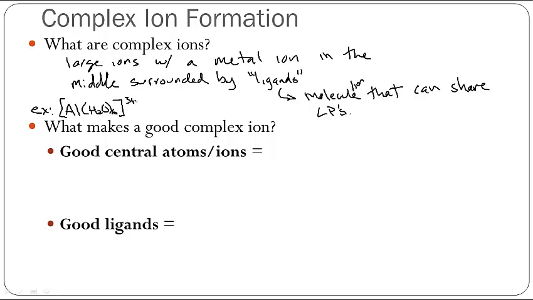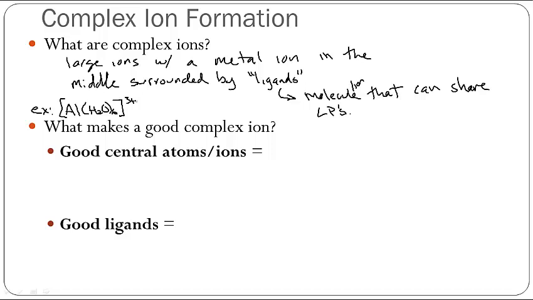So this is aluminum hexahydrate, but you don't need to know the names. If you put aluminum in water, it's got a charge of 3+. So it attracts the lone pairs from the oxygen on water, and they stick together, and they form a complex ion. So you can imagine this complex ion is much larger than a normal ion.